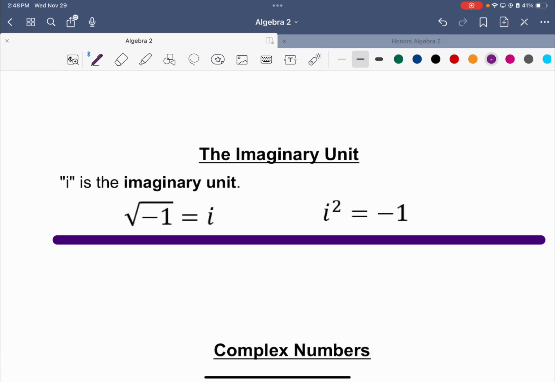You also need to know then that i squared is equal to negative 1. So the square root of negative 1 is i, and i squared is negative 1.